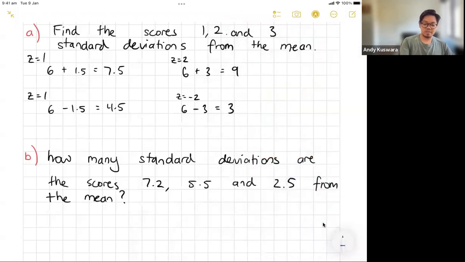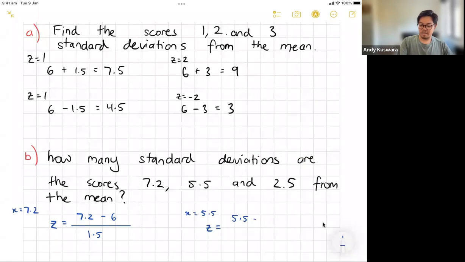the best way to do this is to use your z-score. Your z-score here for 7.2 is your score, take away your mean, which we found out was 6, all over your standard deviation, which was 1.5. If x equals 5.5, I'd have a z-score of 5.5 take away 6 over 1.5.